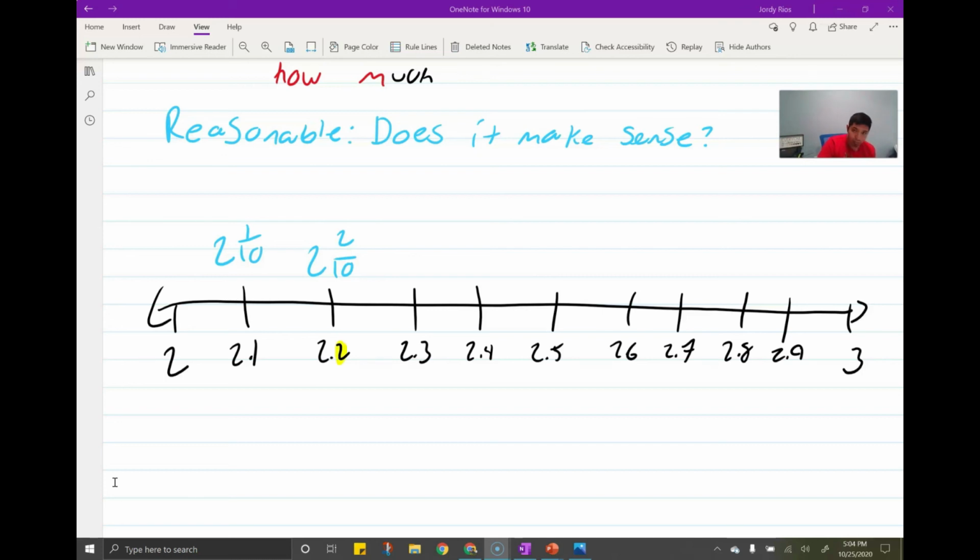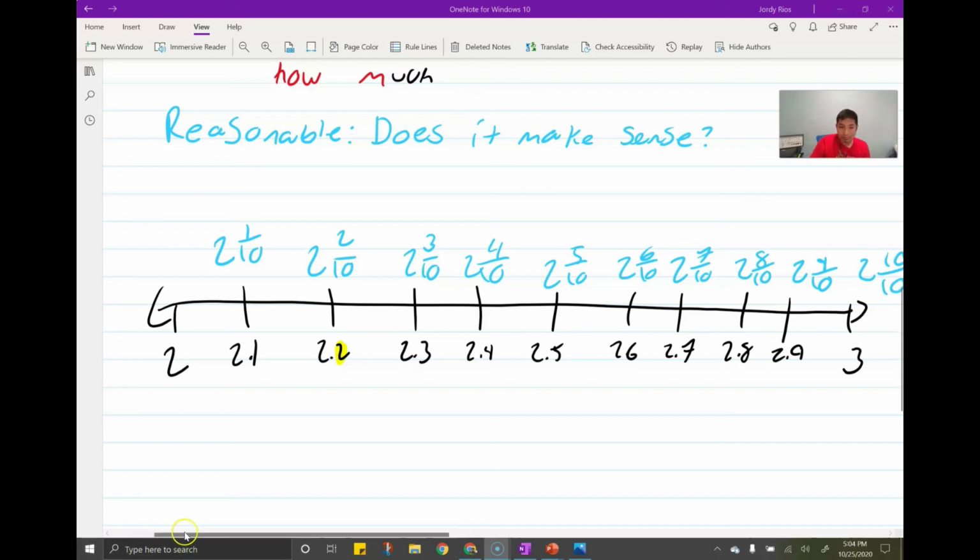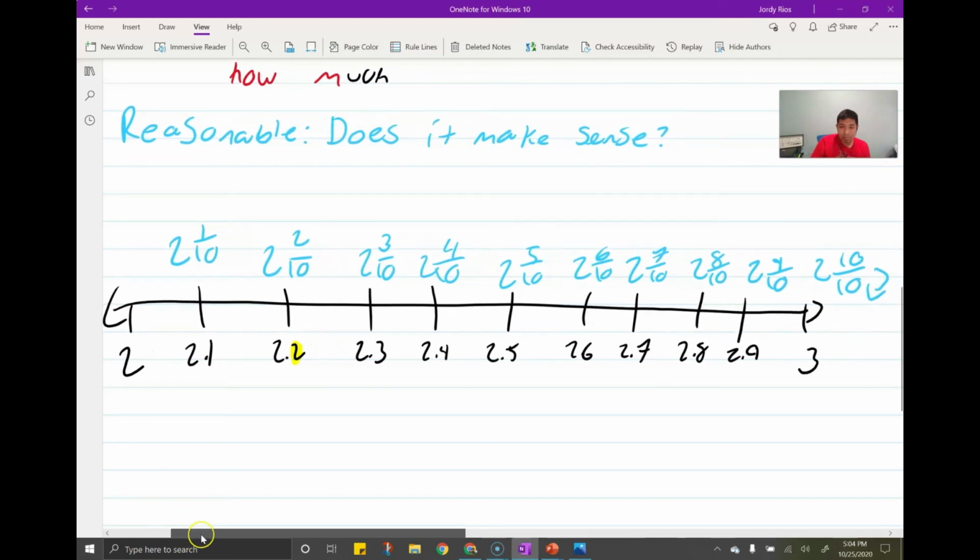So 2 is our whole number, which is in the ones place, the denominator is 10, and our numerator is 3. And you just go ahead and fill it in. Okay, and then if we have 10 over 10, which is a whole number, which would be 3, okay? Right there, okay?